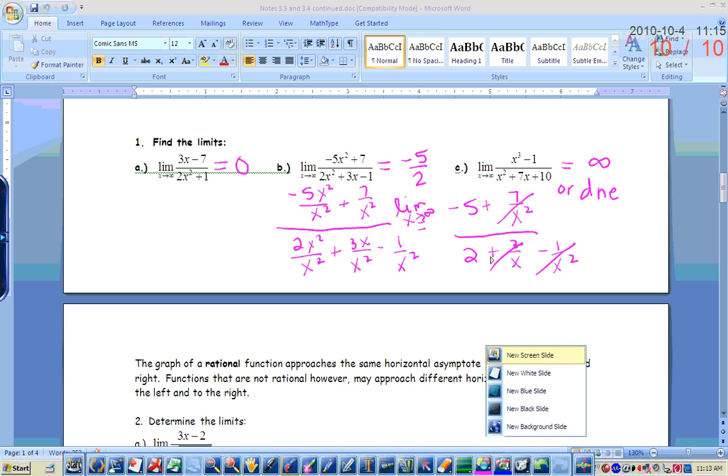And you're just left with negative 5 halves. You're not technically dividing 1 by infinity, but you're dividing 1 by a bigger and bigger and bigger number. It's like 1 divided by 100, and then 1 divided by 1,000, 1 divided by 1,000,000. Those numbers are approaching 0.